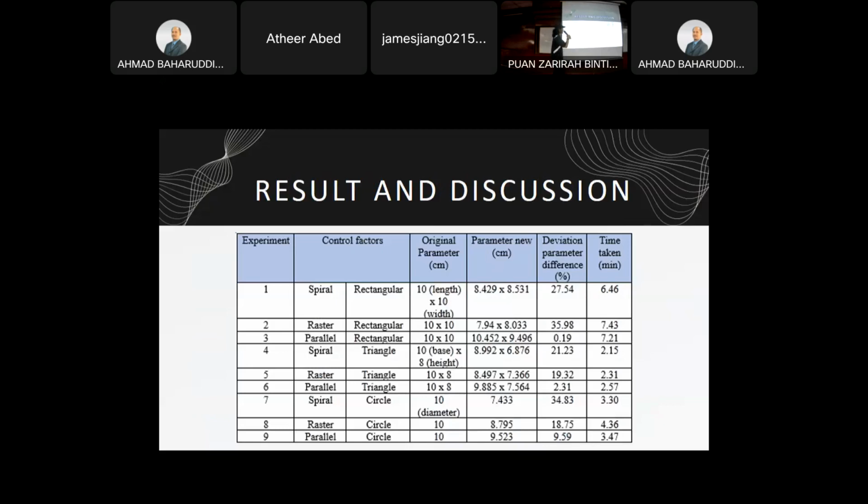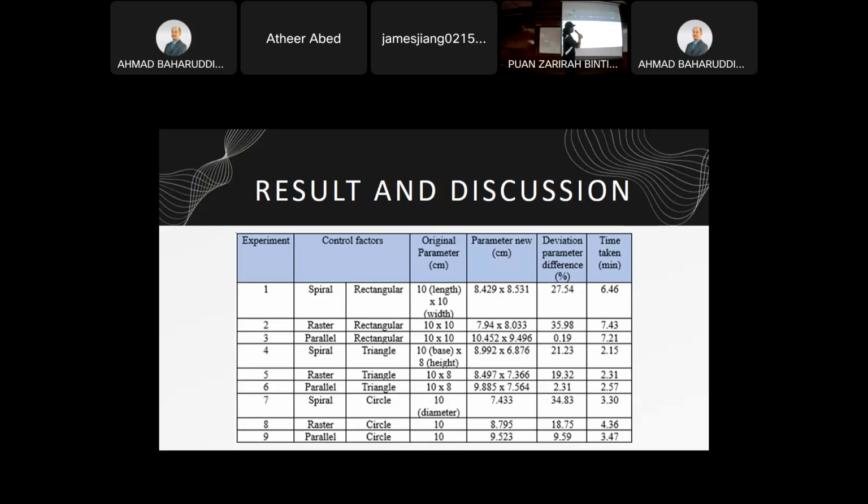So what I have got using the speed of 0.198 meter per minute, the deviation shows that the rectangular cluster has the highest deviation from the parameters, and the lowest is parallel.